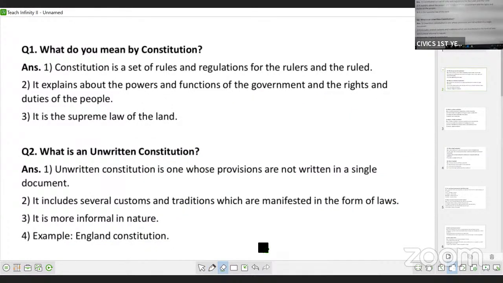If you know the basic difference between evolved and enacted, then you can understand what is written and unwritten, and rigid and flexible.